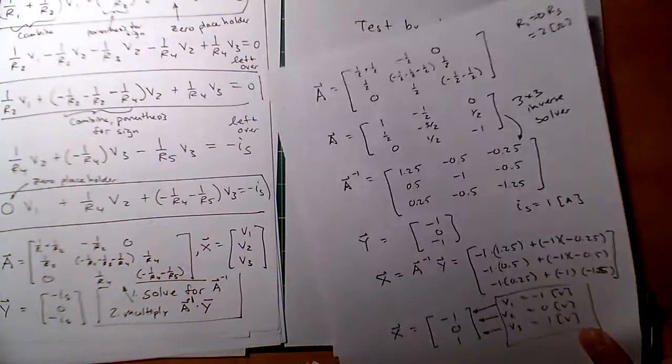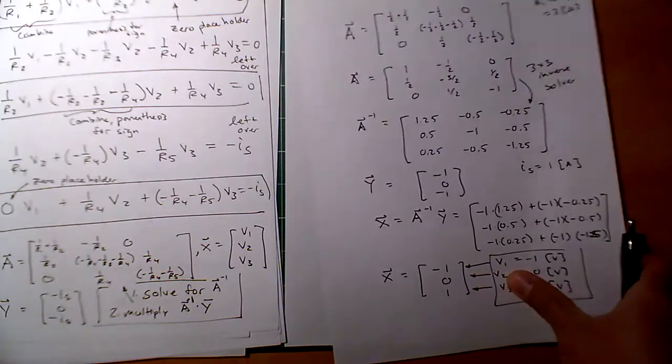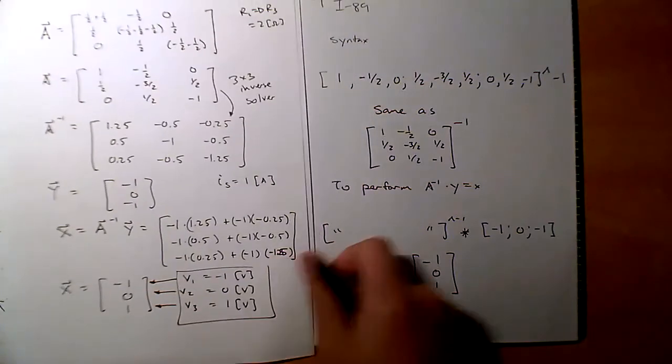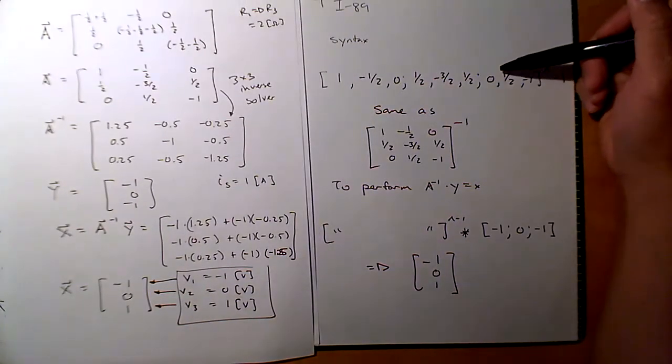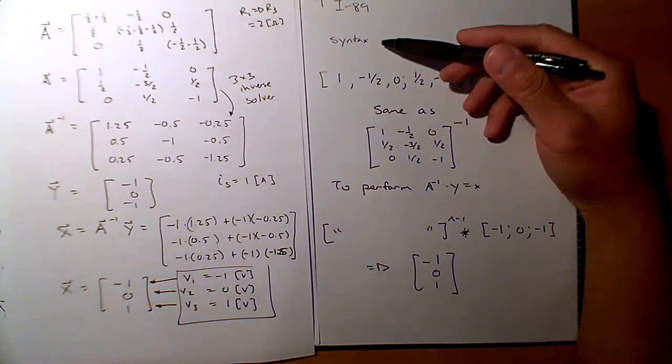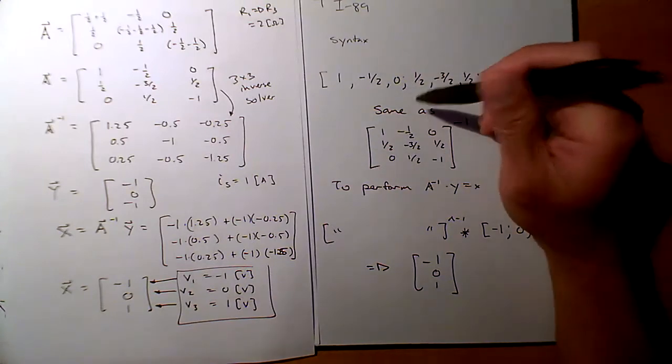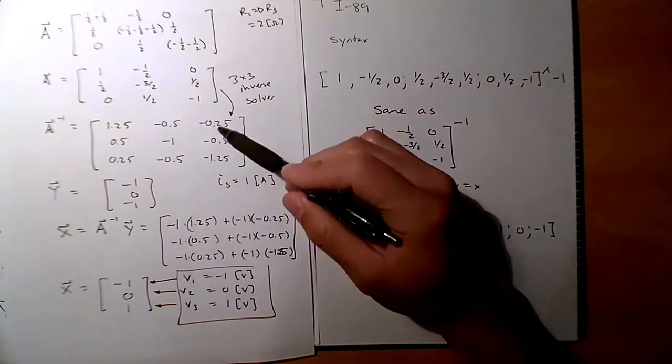Let me pull up this one here. So on your TI-89, this is the syntax. It's the low-level way you're just going to punch in this formula here.